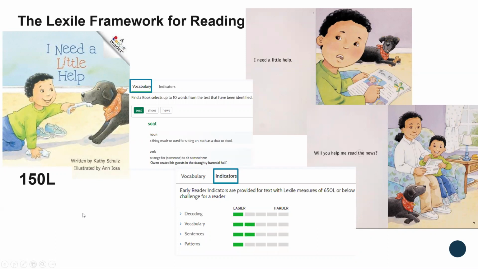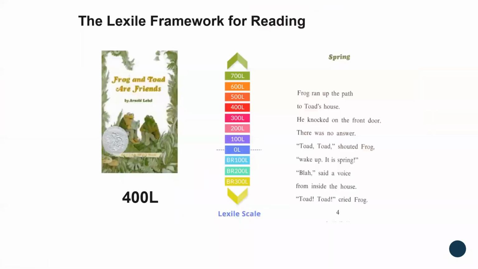So a child that is having difficulty with decoding, this might be a pretty good book, because the decoding is not impacting the difficulty of this text so much as the vocabulary and sentence length might, as you can see here. So we have this information. When I say behind the scenes, I just mean you're going to click on that cover and go behind the scenes.